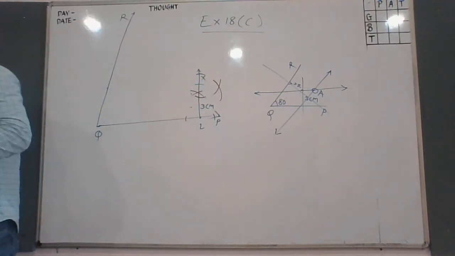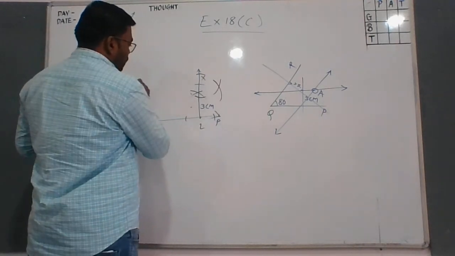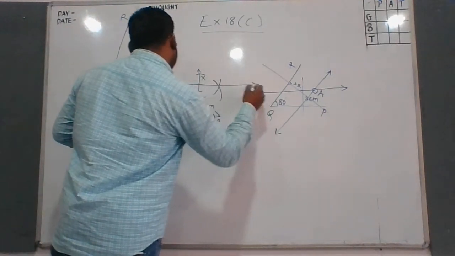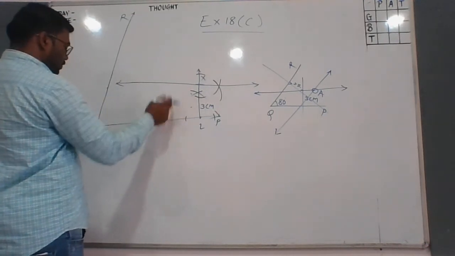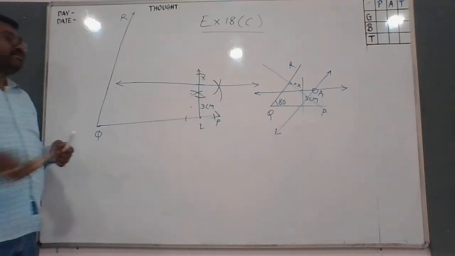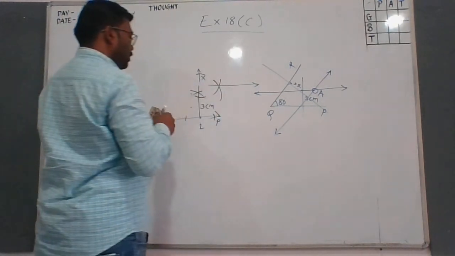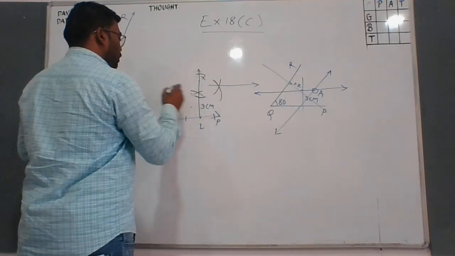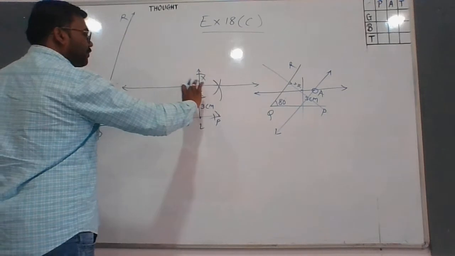Okay. Now, this is the parallel line for PQ. Okay. This is the parallel line for PQ at a distance of 3 centimeter.